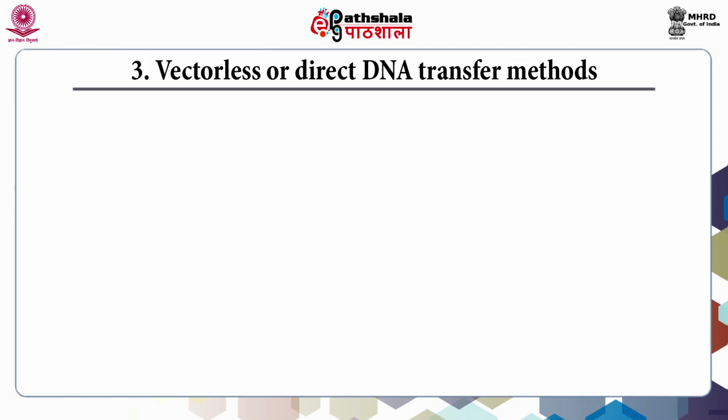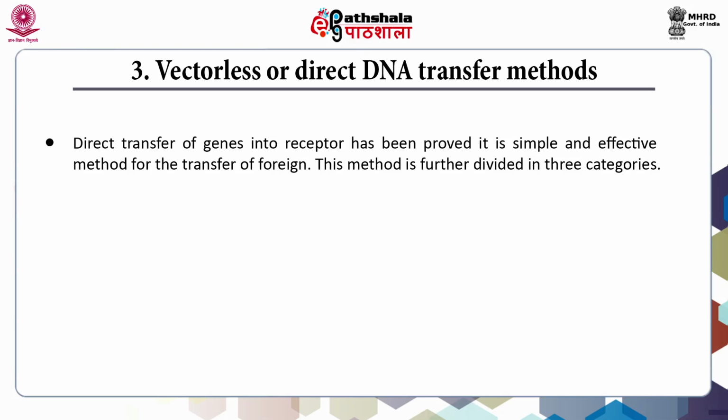Now, coming to the next slide, there are other methods that are direct, or we can say vectorless methods. Direct transfer of genes into the receptor has been proved to be a simple and effective method for the transfer of foreign DNA.